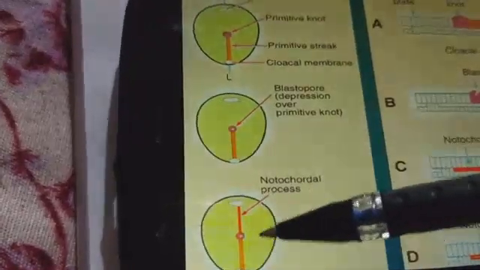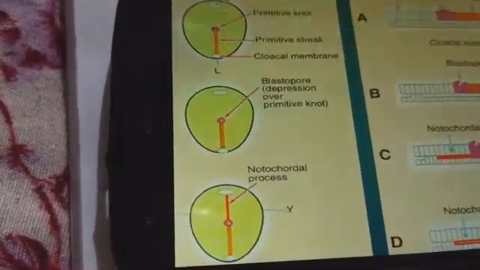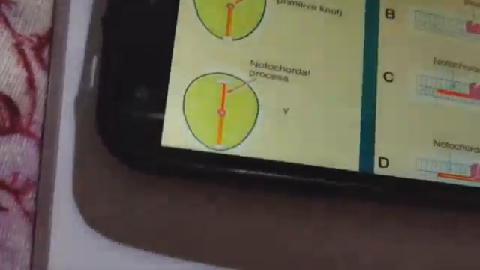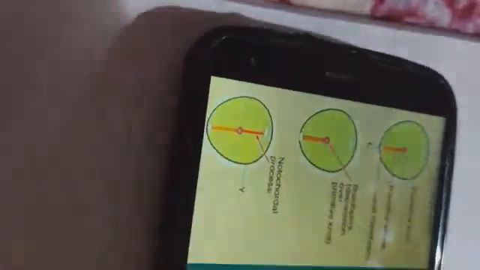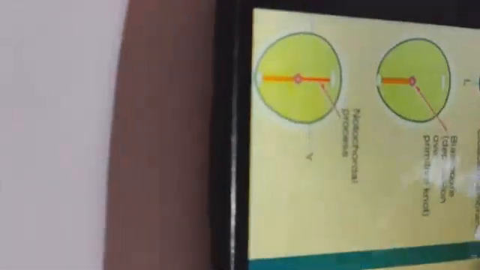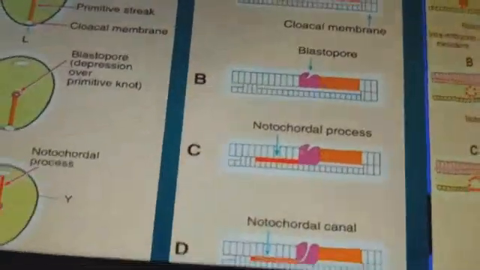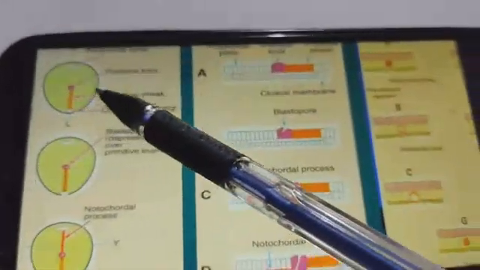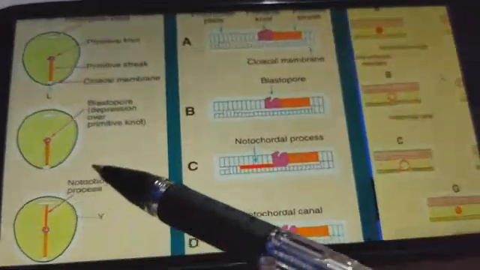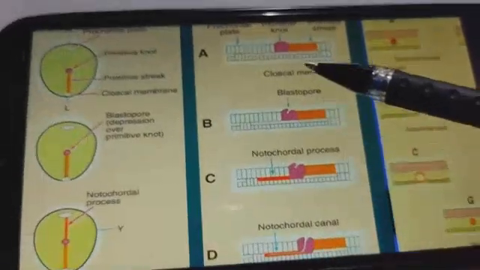So now we are going to look into this in a transverse view. It will be like this. The same thing, we put it horizontally like this. So this blastopore is here.